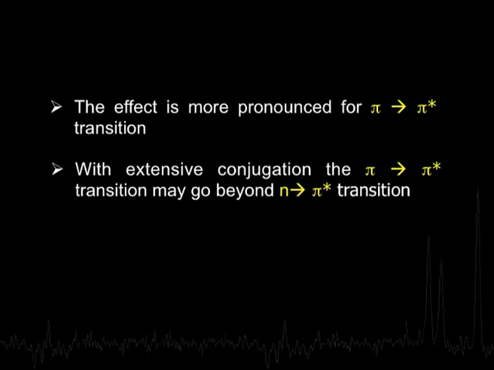If you remember, in a carbonyl chromophore there are two transitions. One is pi to pi star, which is typically a little less than 200 nanometers, and the other is n to pi star, which is beyond 200 nanometers, but that is a weak transition.